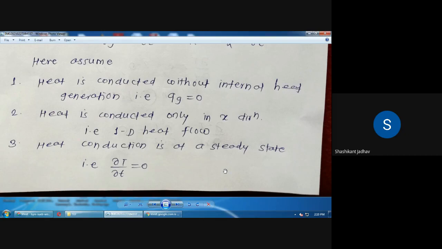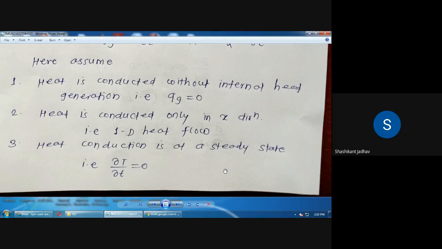So these are the assumptions. By using these assumptions, we have to solve that particular equation. Our aim is to calculate the equation for the heat transfer Q through the plane wall. Have all of you written this part?